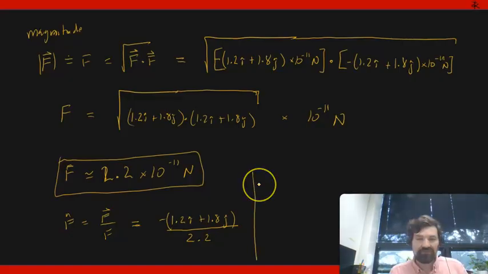For what it's worth, the angle within the xy plane would be about 213.7 degrees. And you can get that by using the tangent of that angle should be negative 1.8 divided by negative 1.2, and then making sure that you're in the correct quadrant.